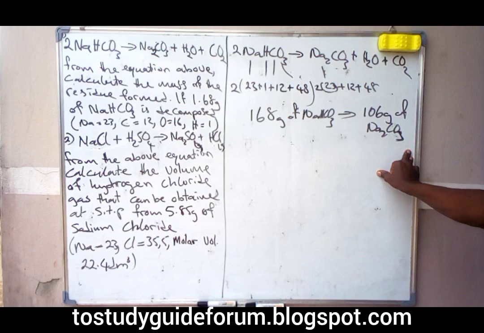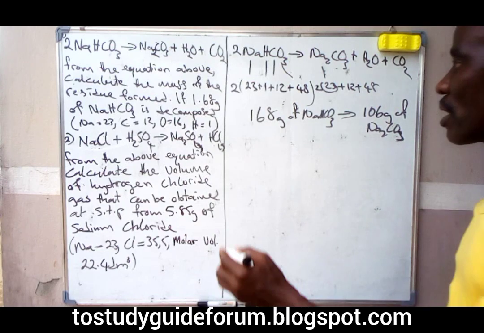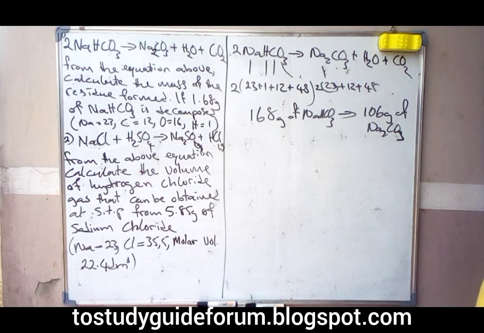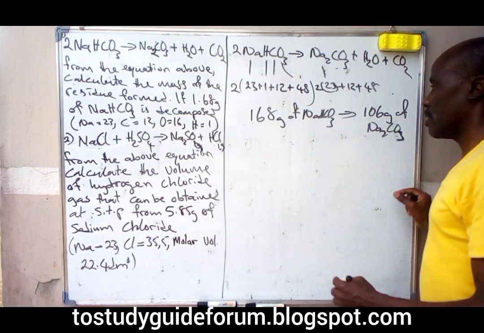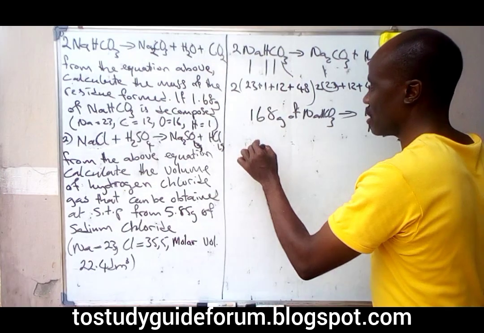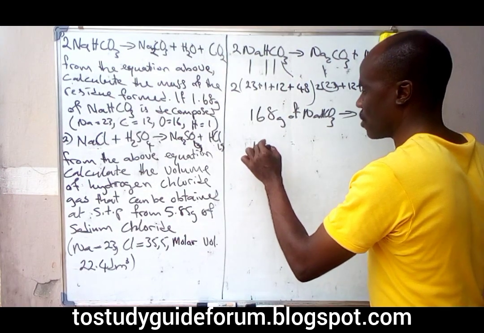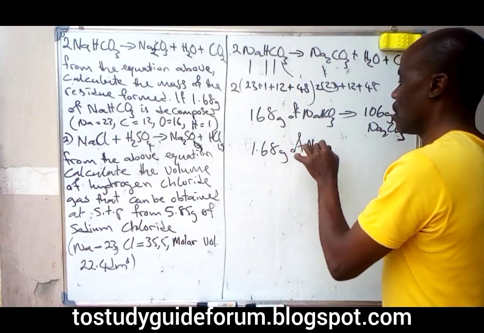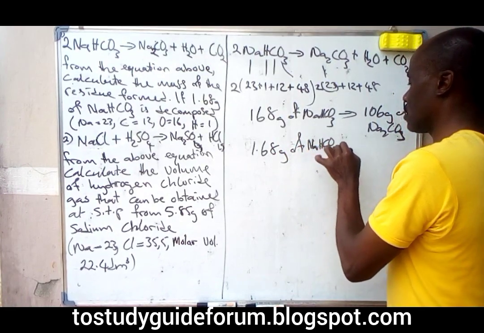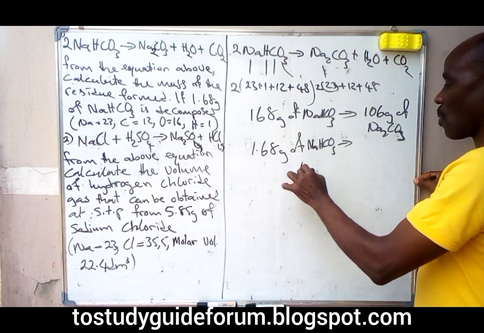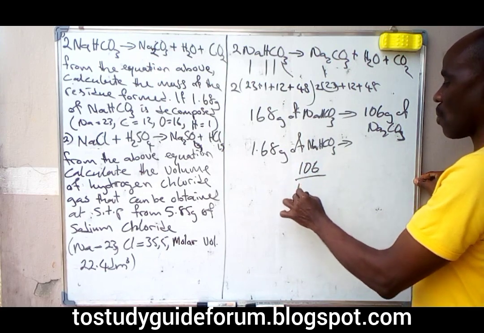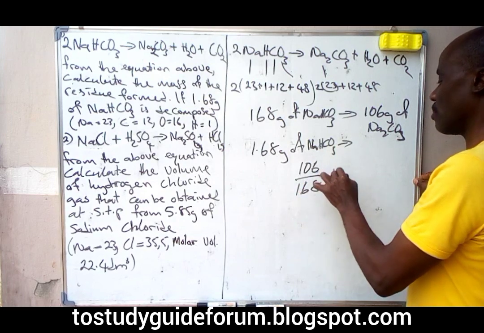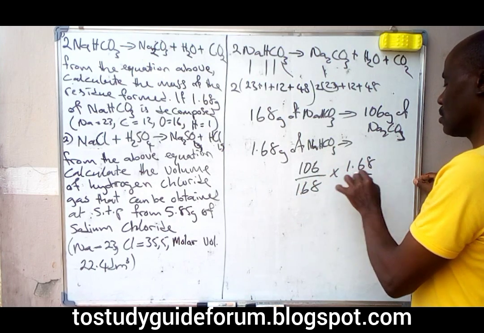So the next thing we are going to do is to look at the mass given to us. We are given 1.68 grams. So what will this 1.68 grams be like? We have 1.68 grams of sodium hydrogen trioxocarbonate to give us 106 over 168 times 1.68.